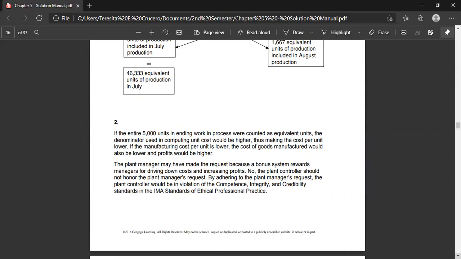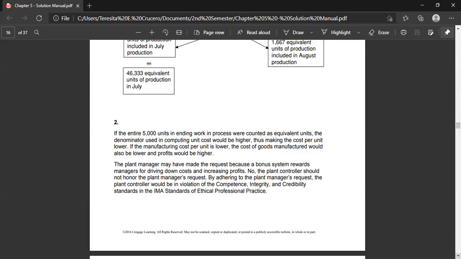If the manufacturing cost per unit is lower, the cost of goods manufactured would also be lower and profits would be higher. The plant manager may have made the request because a bonus system rewards managers for driving down costs and increasing profits. No, the controller should not honor the plant manager's request.